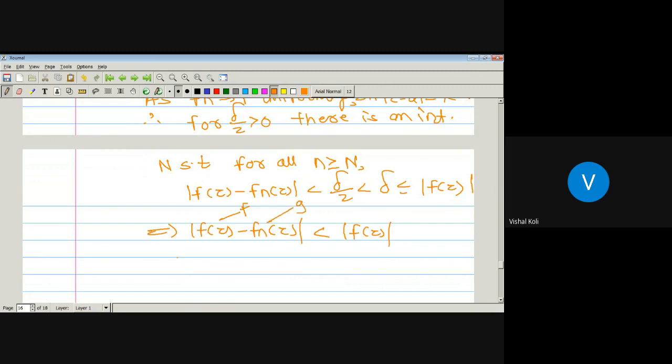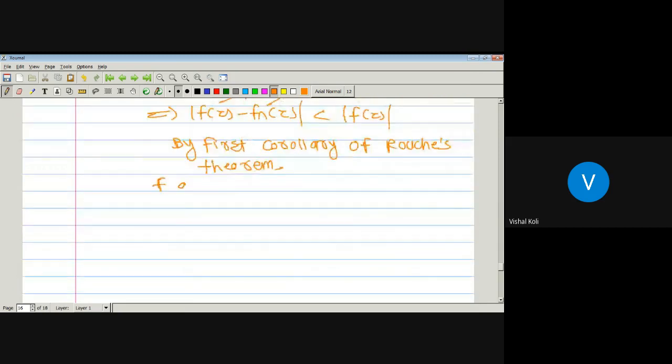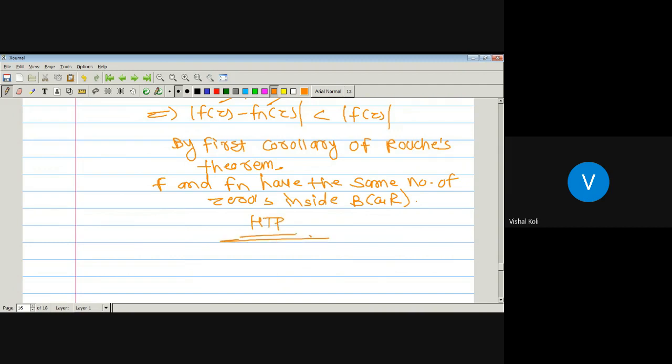Then by the first corollary of Cauchy's theorem, f and fn have the same number of zeros inside this open disk, and hence the result.